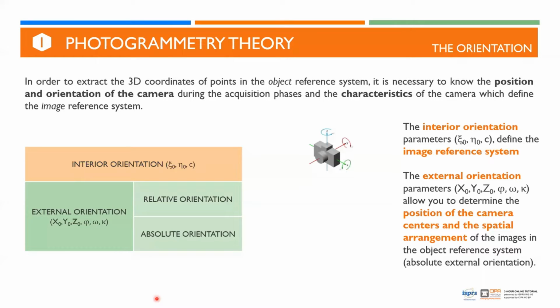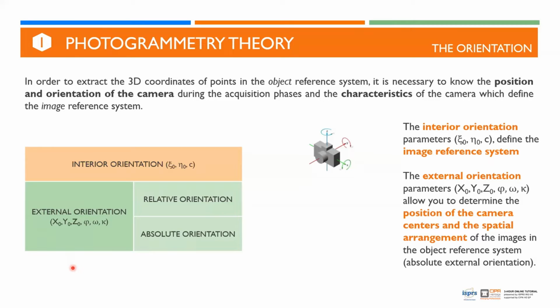How can we define it? Through 6 parameters, which are 3 translation, of course, and 3 rotation, and are exactly those that you can see here. Then we move to the relative, so we can split our external orientation into 2 parts. In the relative orientation, we determine the relative position of, for example, 2 images, so which is the position of these 2 images, creating the projection, the intersection, and the projecting rays that we saw before.